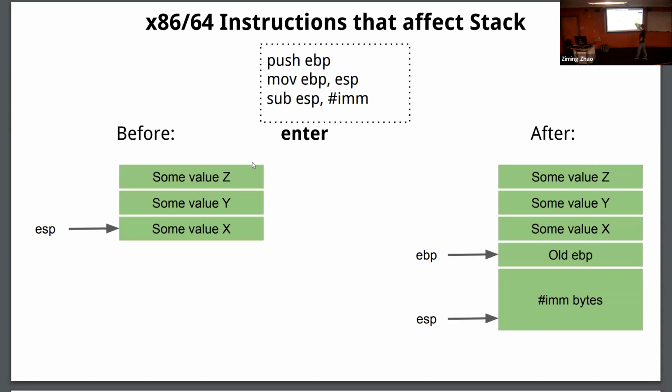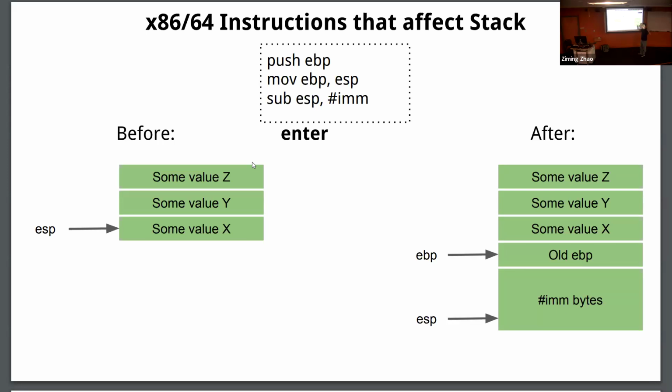Let's say for those 3 instructions, the stack looks like this before, right? ESP points to somewhere and has a value X. The first instruction we have is push EBP. So the value of EBP will be pushed to here. ESP points to here. That's the very first step. After that, we move ESP to EBP. What does that mean?